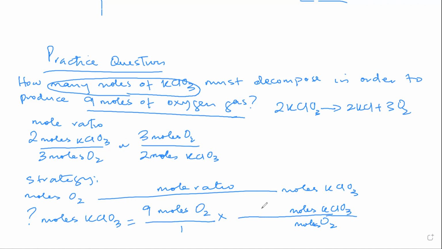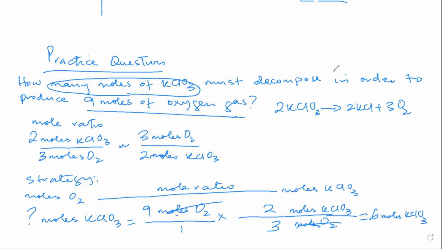So we have a 2:3 ratio. So that will be 18 divided by 3, which is 6 moles of KClO3.